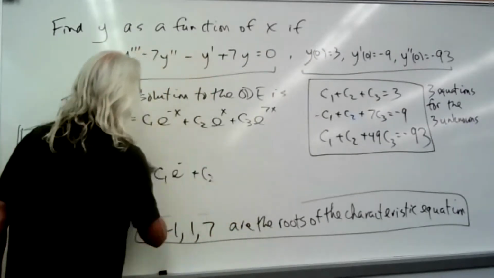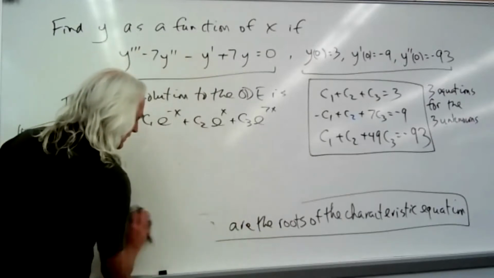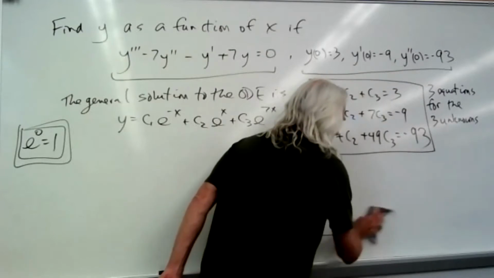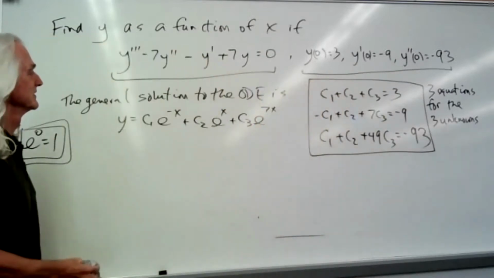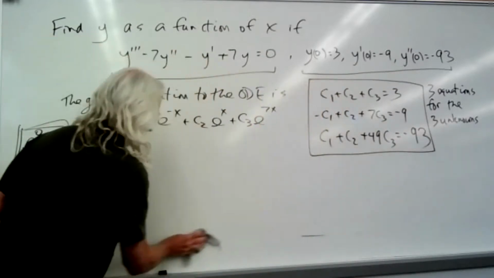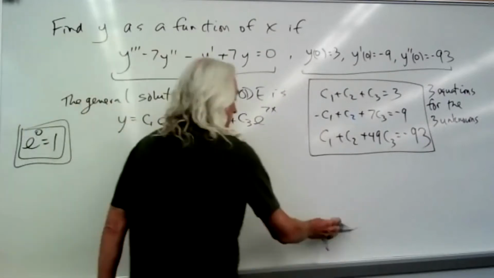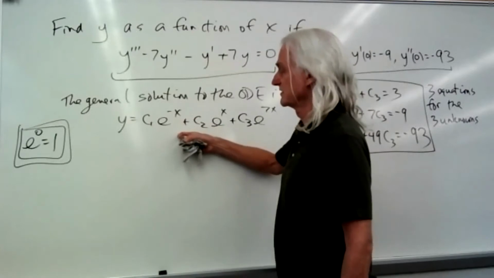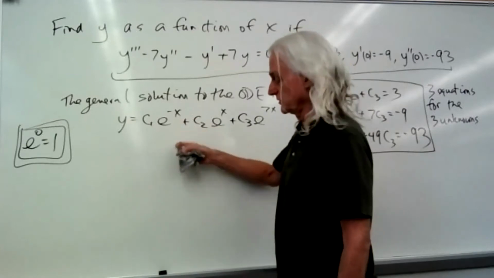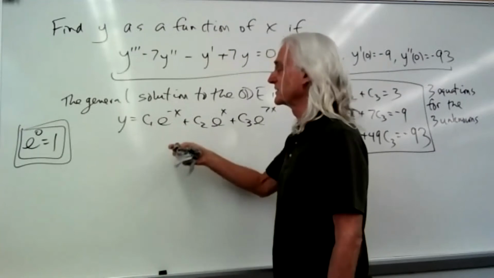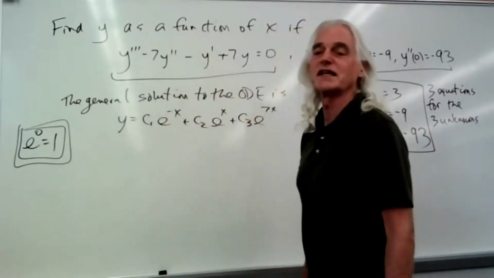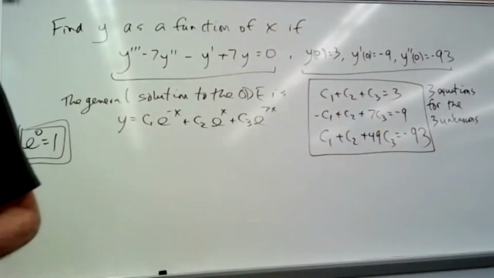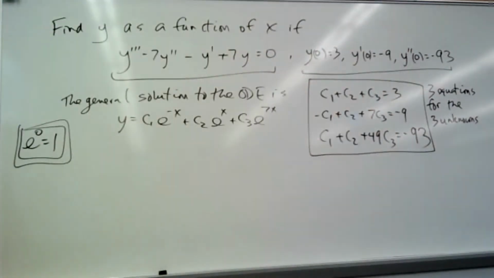I don't really need this anymore. In fact, just a hint while I'm erasing: you're going to want to be able to go back and forth between this general solution, the roots of the characteristic equation, and the ODE. From any one, you can basically get the other. And we're going to be doing that later.